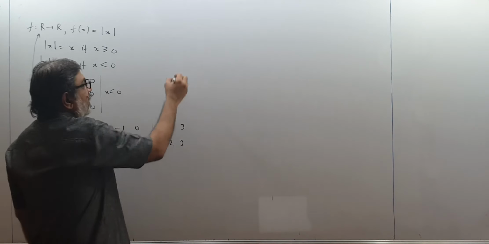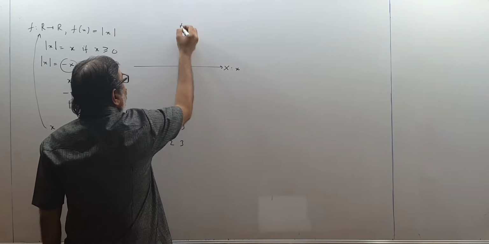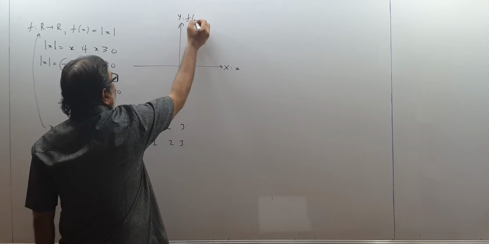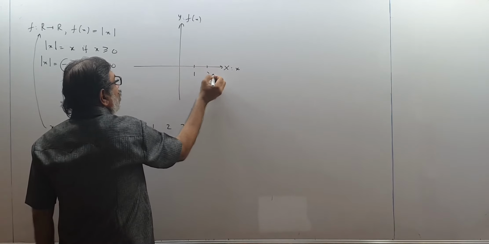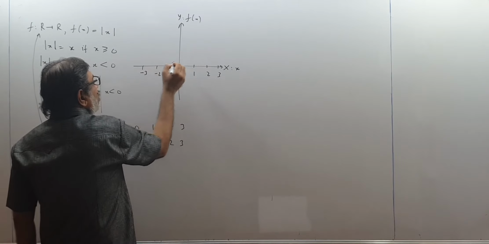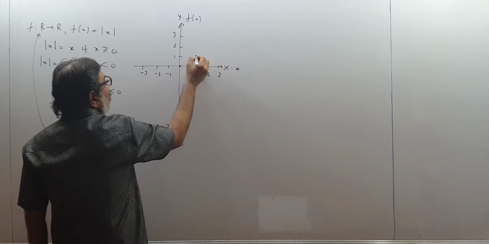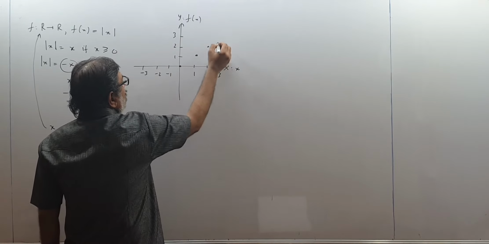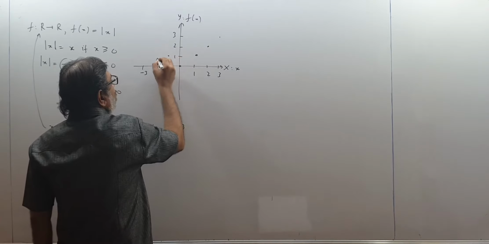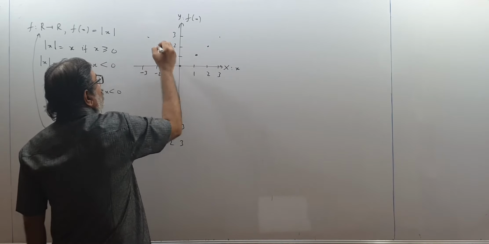So if I try to plot the graph, children, it will come like this: here x, and on the y axis I will have f(x). 1, 2, 3, minus 1, minus 2, minus 3. The points are 0, 0, 1, 1, 2, 2, 3, 3, minus 1, 1, minus 2, 2, minus 3, 3, and the graph goes like this.